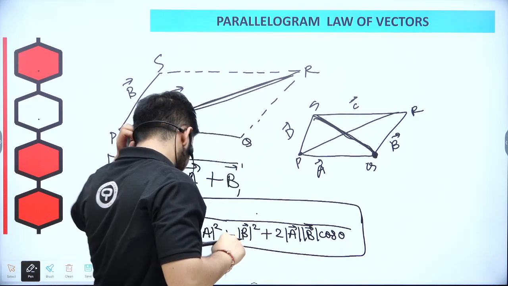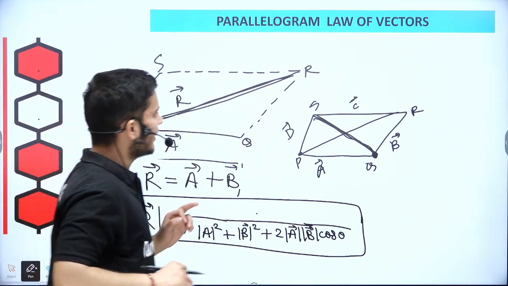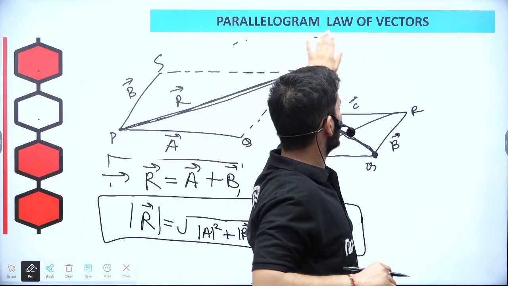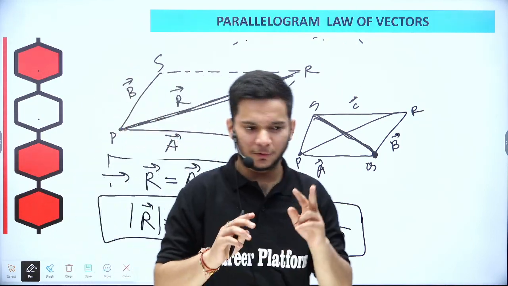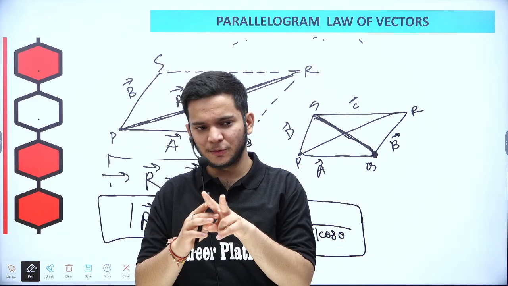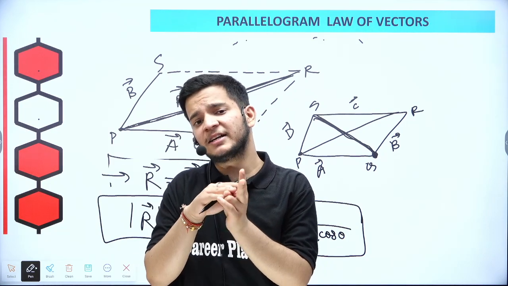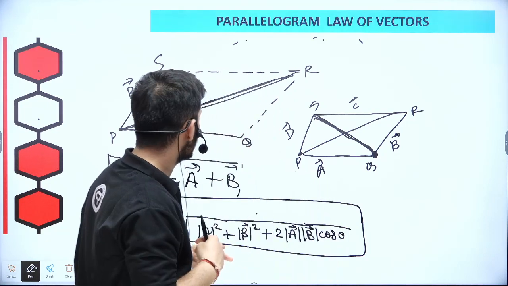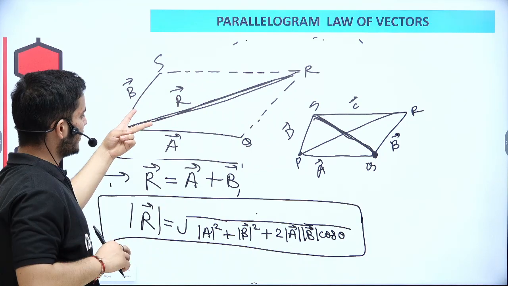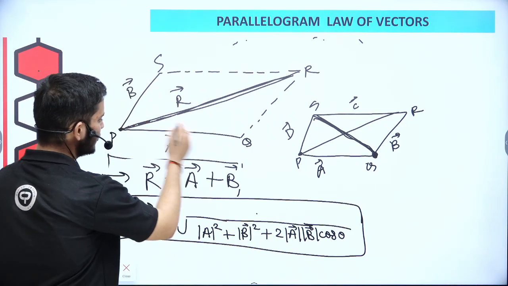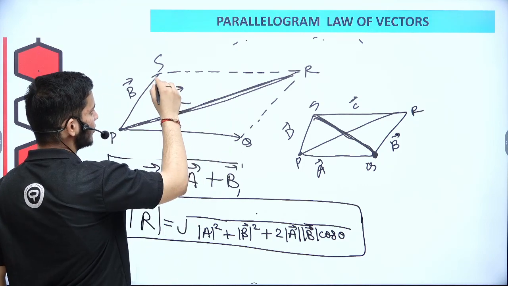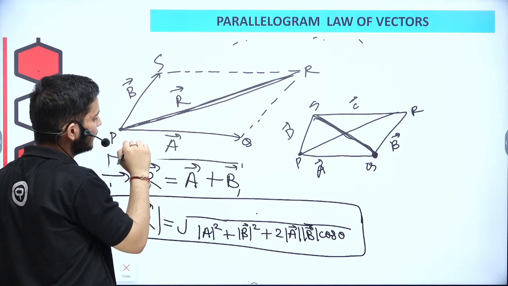Is this clear? What is the parallelogram law of vectors? These are the two main laws. First, the triangle law: if we take two adjacent sides in one order, the resultant vector will be the third side taken in the opposite order. In the parallelogram law of vectors, two adjacent sides are taken, and these are not in the same order; these are co-initial vectors.